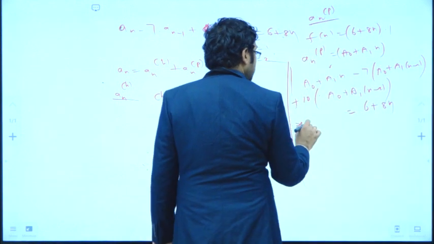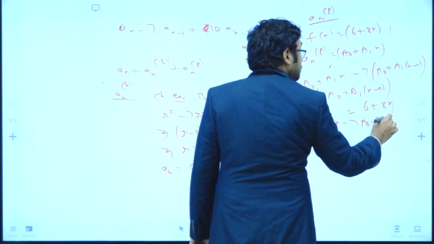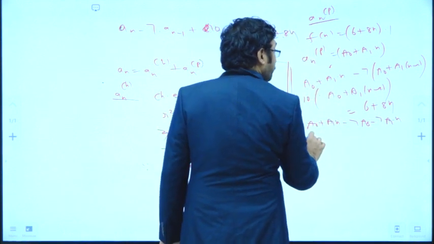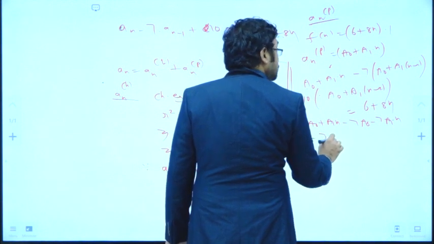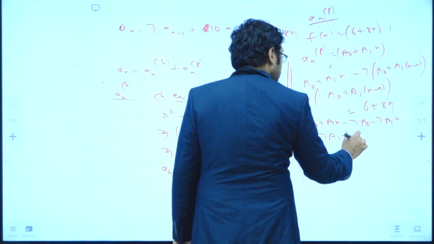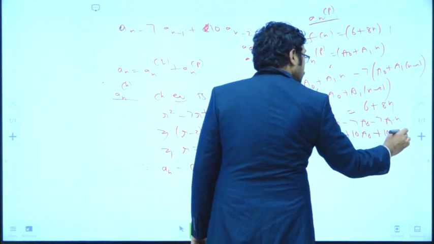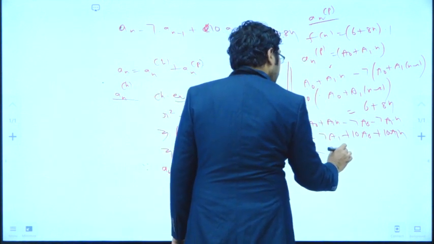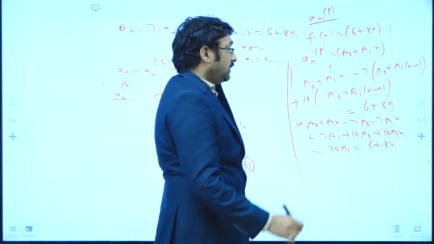That implies, expand this: a0 plus a1 n minus 7a0 minus 7a1 into n, plus 7a1 plus 10a0 plus 10a1 into n minus 20a1 equal to 6 plus 8n.